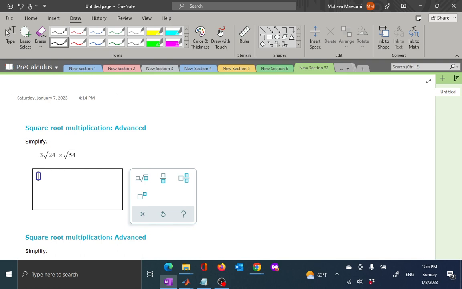So here it says simplify this product. What's important is to factor these radicands. The number inside the radical is called the radicand. Factor them to a product of a complete square and another number. For example, 24, we write it as 4 times 6.